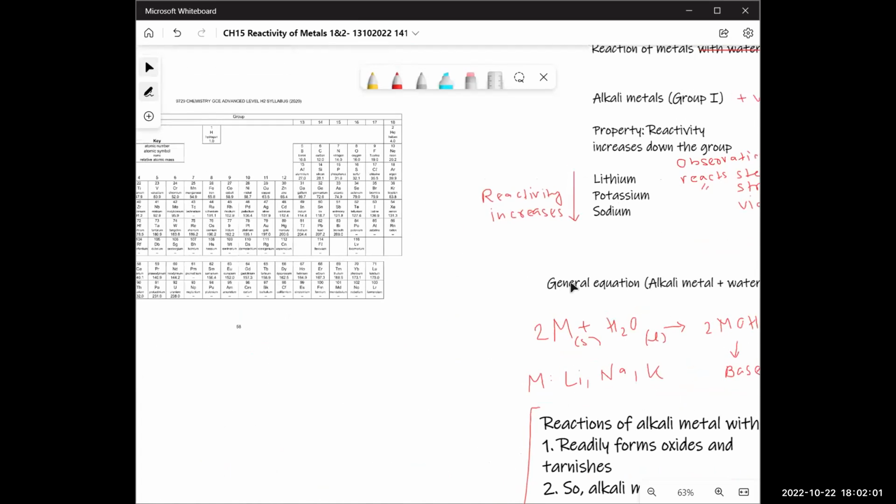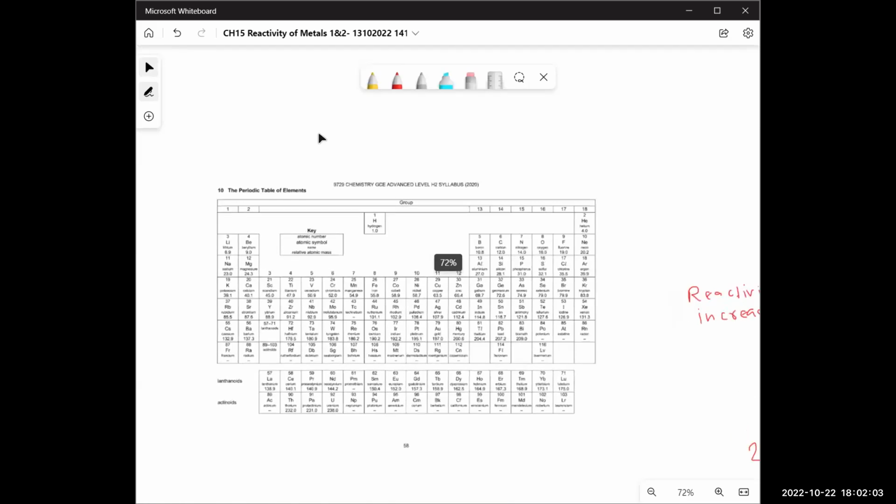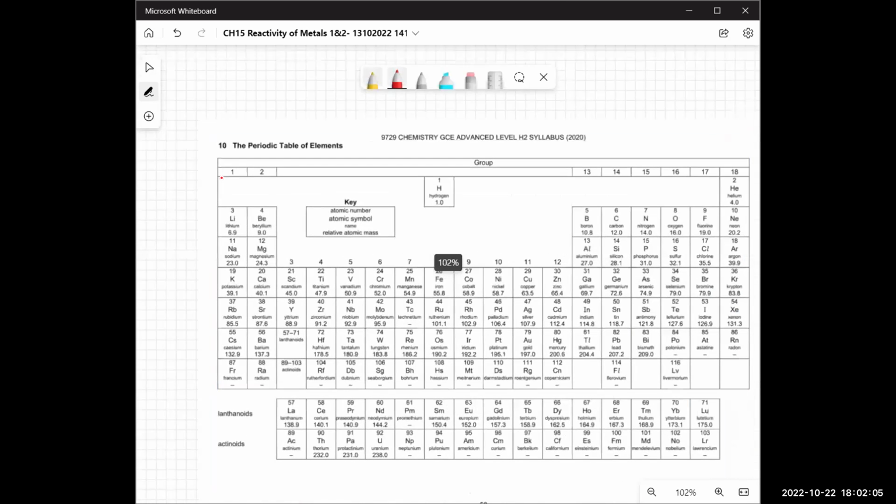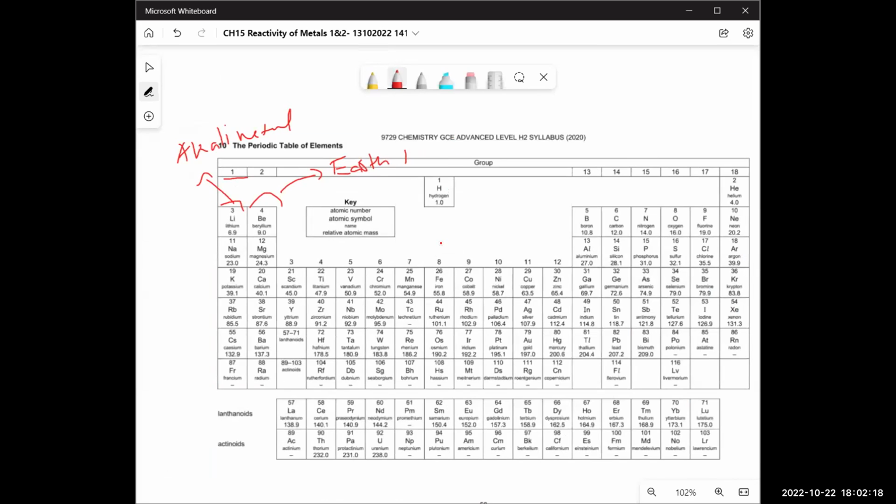All right. Now, if you look at the periodic table right here, group 1 is called alkali metal. This is alkali metal, all of this. Then we have something called earth metal. Then all of these right here are called transition metals.